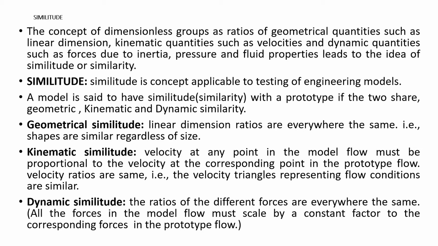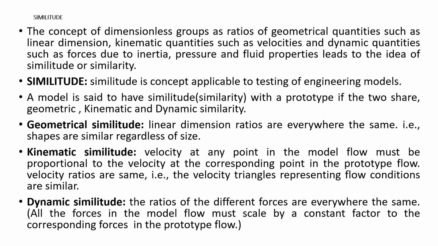Geometric similitude means the linear dimension ratios are the same. The ratio of linear dimensions on the model and on the prototype should be the same everywhere. It should not vary.